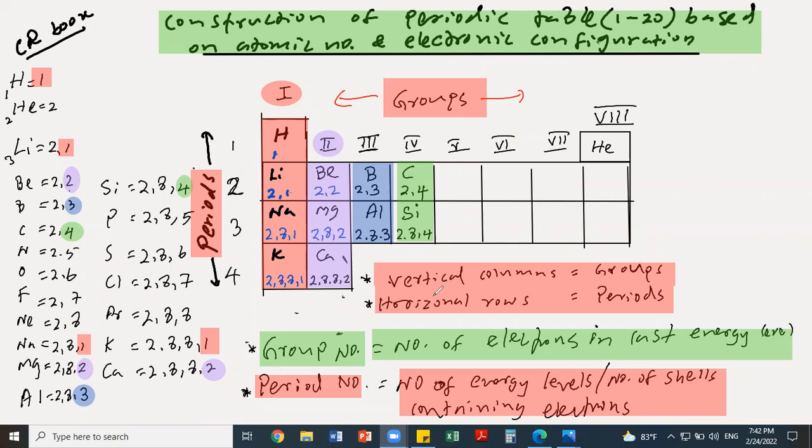Yes, the same set of students raising the hand. What about the other students? Can't you see the electronic configuration and how many electrons are in the last level, and decide the group? Even grade 6-7 students can decide this if I teach them the method. Very simple technique. Yes, Rashmita.